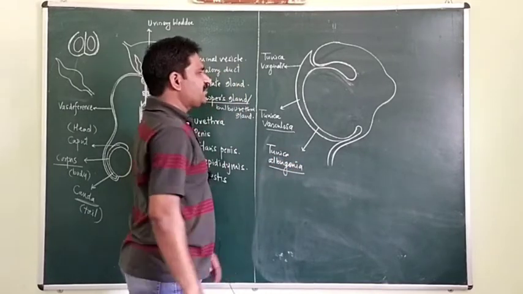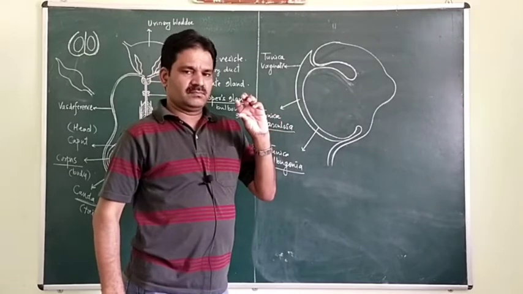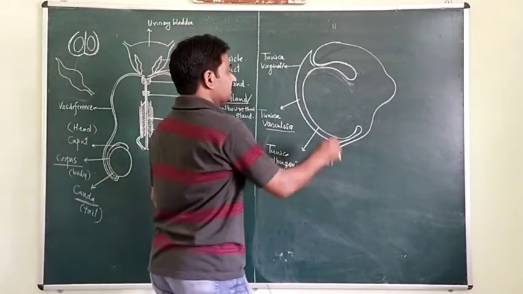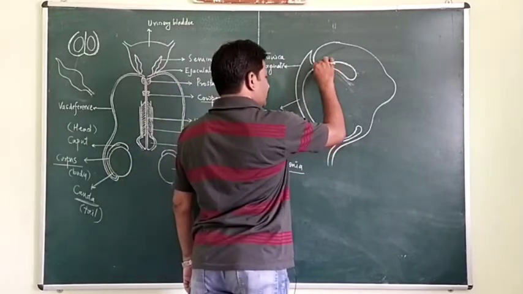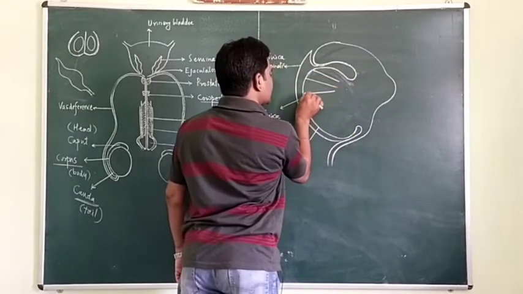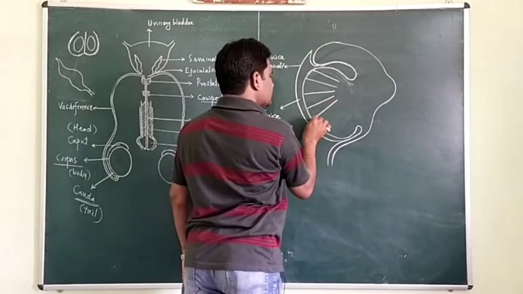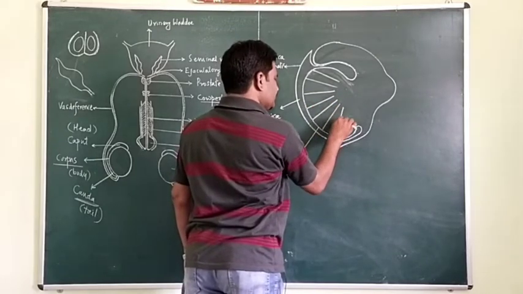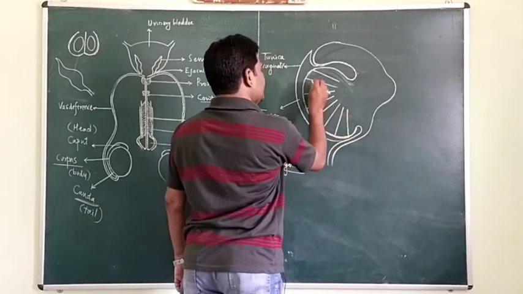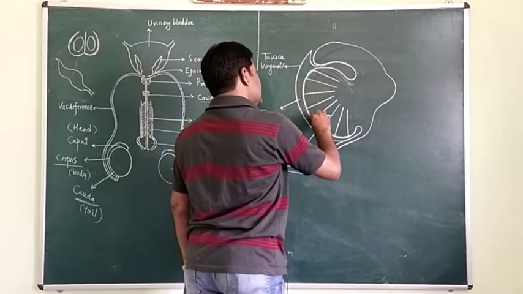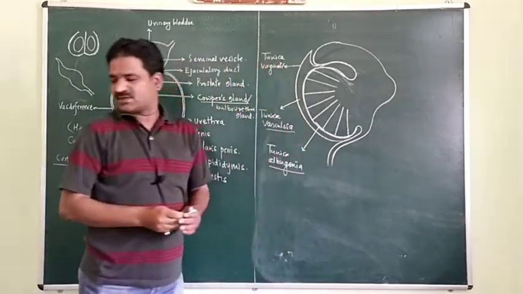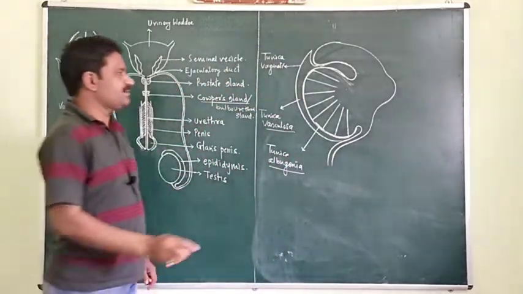Now this tunica albuginea forms the lobules, about 200 to 300 lobules inside the testis. This partition is made up of tunica albuginea, and these lobules contain seminiferous tubules.